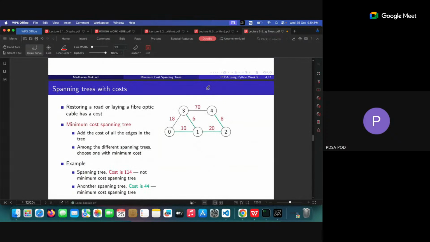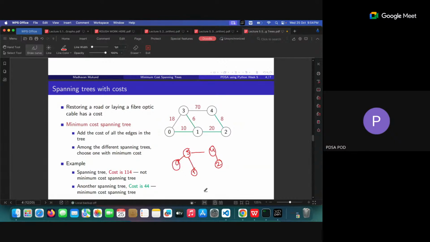One particular spanning tree is not the only one, we have multiple spanning trees. This particular tree you can construct as 0, 3, 4, 1, and 2. This is one way that's possible.